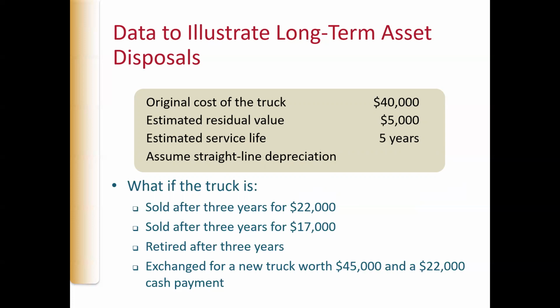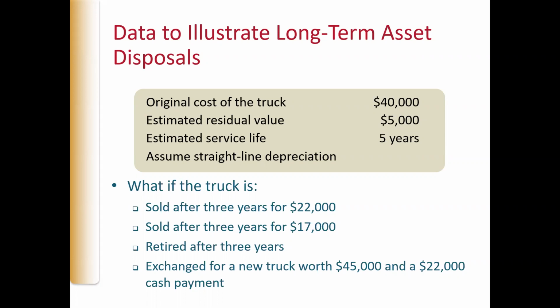What if we sold the truck after 3 years for 22,000? What if we sold it after 3 years for 17,000? And what if we retired it after 3 years or exchanged it? So we've got these different scenarios we're going to look at. The first one is we sold it after 3 years for 22,000. We've got to see how much depreciation we took in the first 3 years.